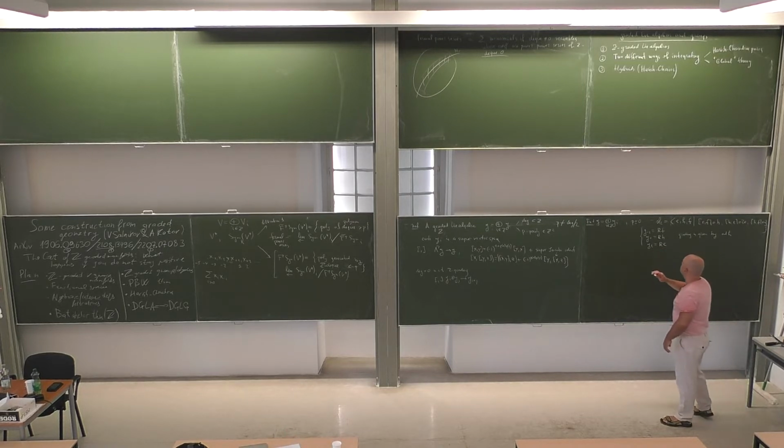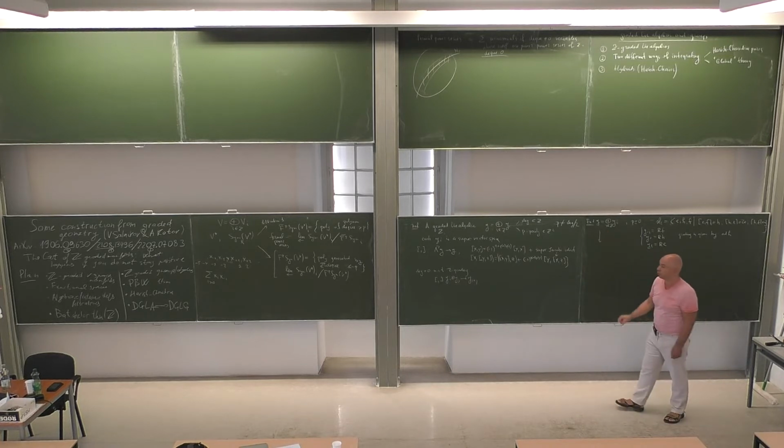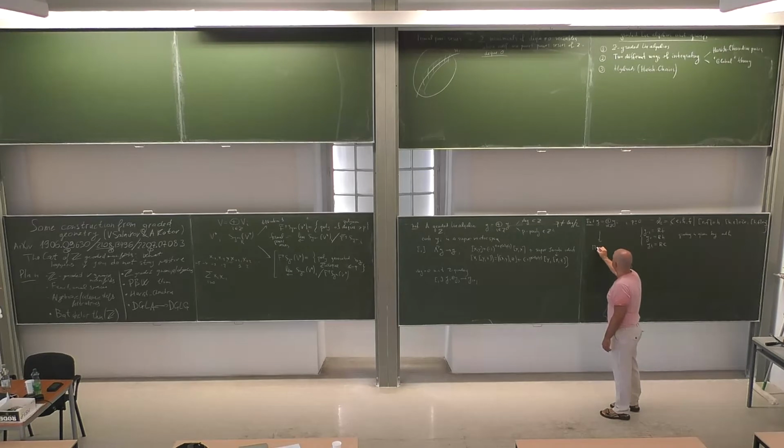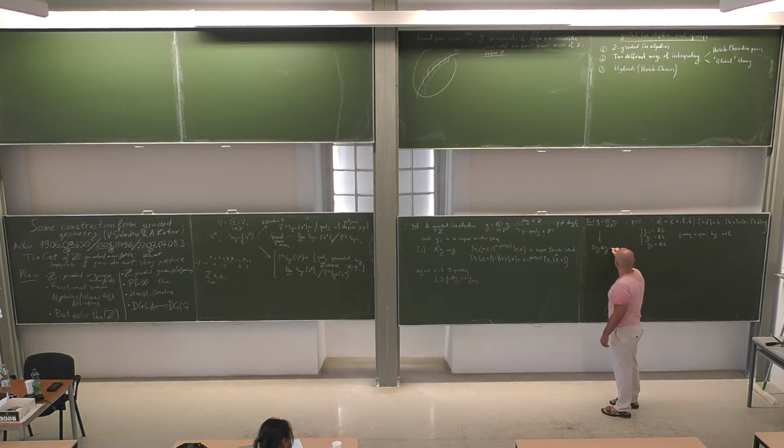But here, there's a nice way to produce out of it a super graded Lie algebra. We just take Pi g plus g, where this one will now be odd, and this will now be even. So it's a new g, let's say g tilde, such that g tilde_i equals Pi g_i plus g_i.